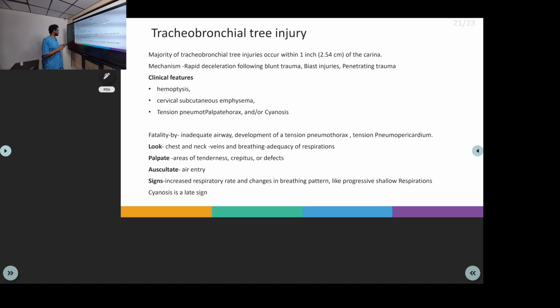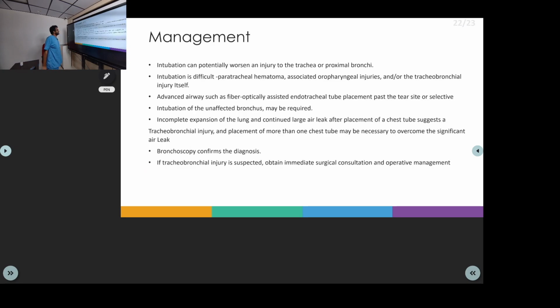Here we have to look for any change in breathing pattern, palpate areas of tenderness for any crepitus or defects, and auscultate for air entry. Look for signs like increased respiratory rate or altered breathing pattern like progressive shallow respiration. The patient can have cyanosis, which is usually a late sign.